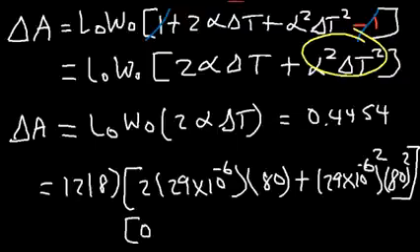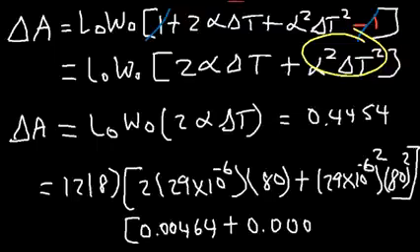2 times 29 times 10 to the minus 6 times 80, this part is about 0.00464. 29 times 10 to the minus 6 times 80, and then if you square it, you're going to get a very small number of 0.000005382. And 12 times 8 is 96.